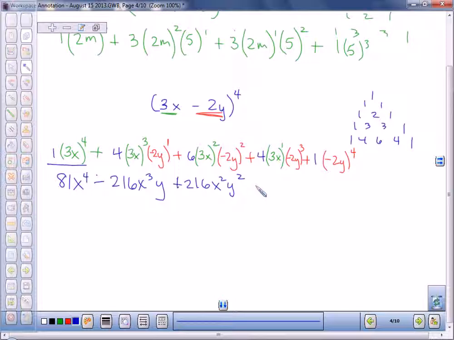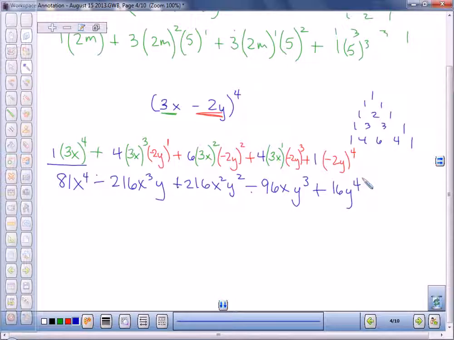And this is negative 8 times, so it's going to be a negative 96. And then negative 2 to the 4th is a positive 16 to the 4th. Did that help? Yeah.